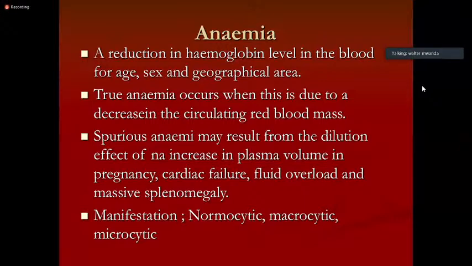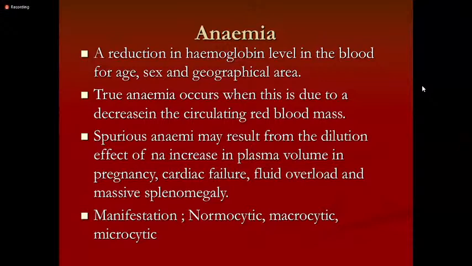But we have to be careful with regards to anemia. As we said earlier, there is true anemia, which is what we are describing, which indeed is a reduction in the hemoglobin level, basically the sum total of reduction of red cell mass.